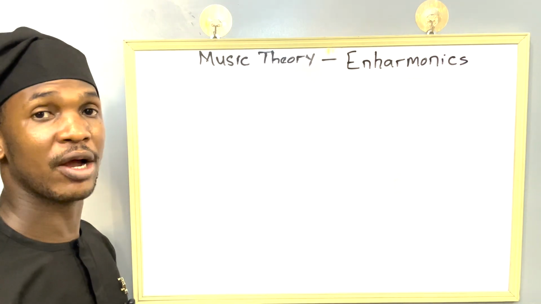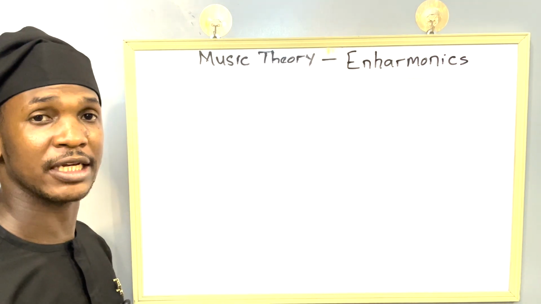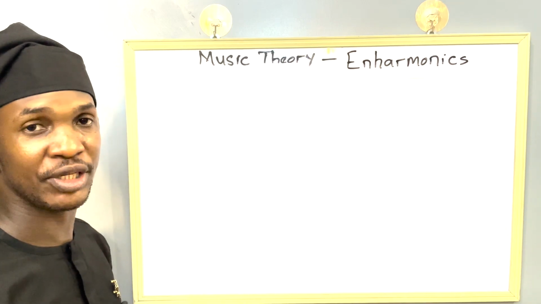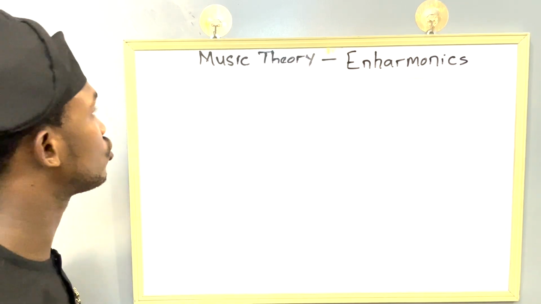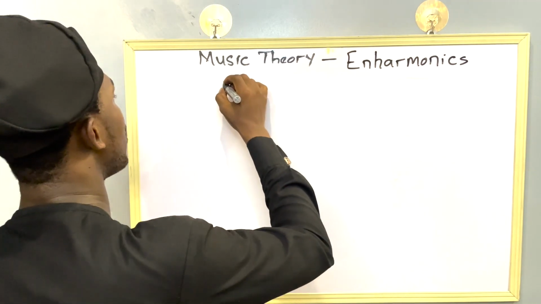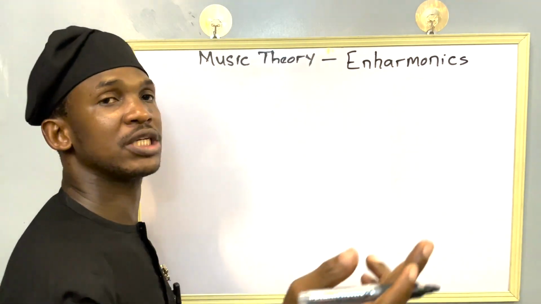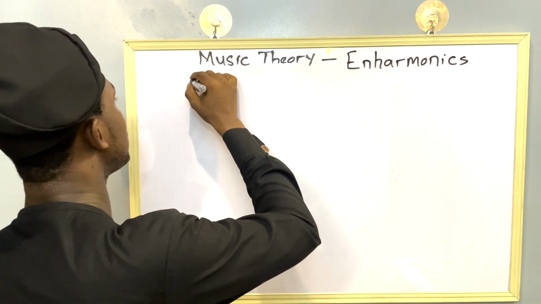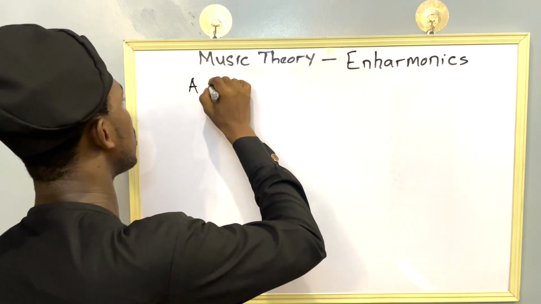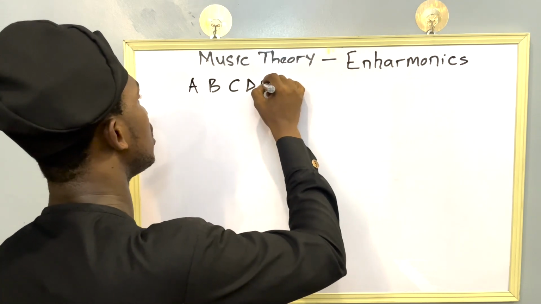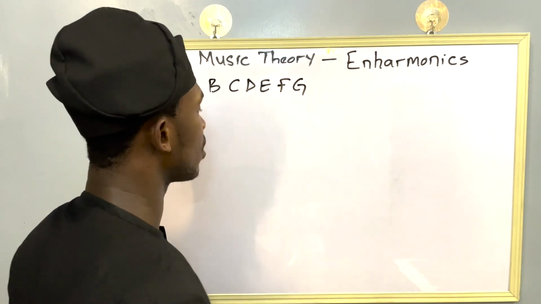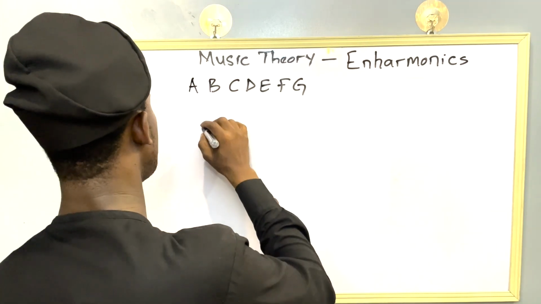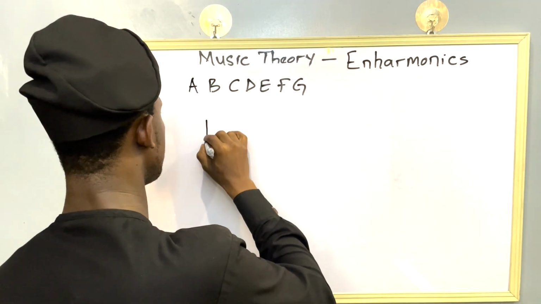We are going to be using the accidentals to depict the same pitch but different names. In music, we use the letters A to G: A, B, C, D, E, F, G. And let's quickly draw a dummy keyboard.